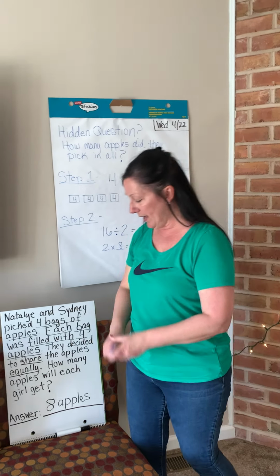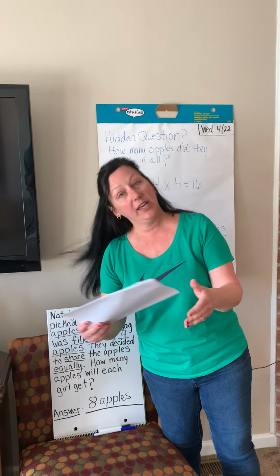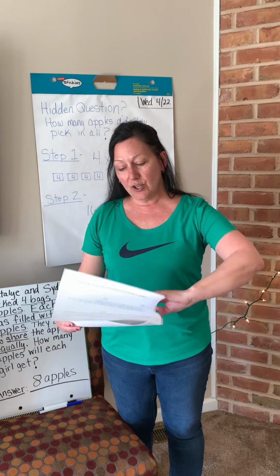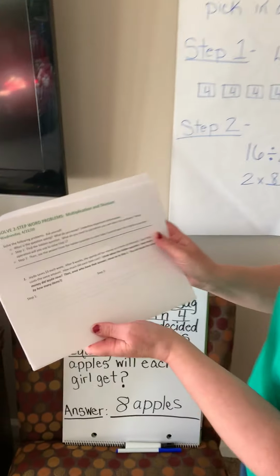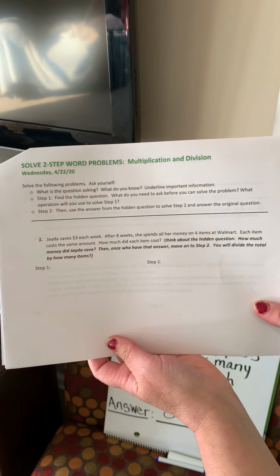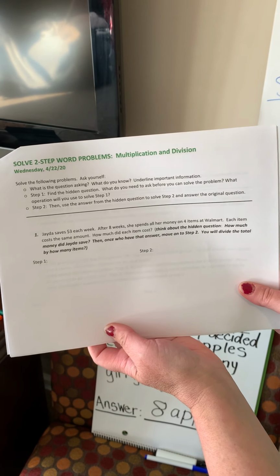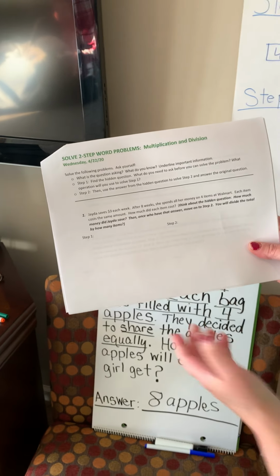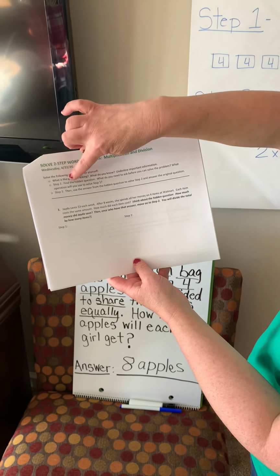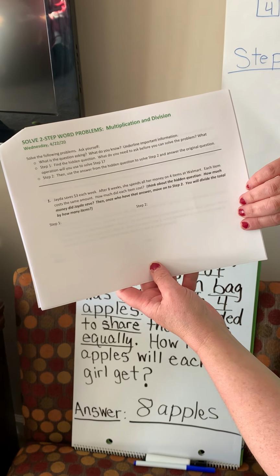Okay, real quick before we go, when you look at your homework packet, or not your homework, your actual assignments, you're going to flip to the second page where it says solve word problems, multiplication and division. It is dated Wednesday, April 22nd. It has the steps and the reminder questions for you.